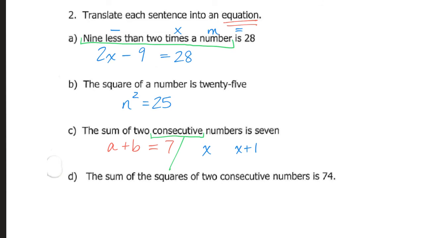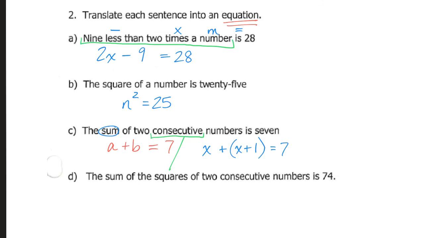There's my 2 consecutive numbers. Now, the question says the sum of it, so I'm going to add those together. We should be good that whether you put brackets around x plus 1 or not, doesn't matter, equals 7. You can see in that statement, x is one of the numbers, and x plus 1 is the other. It's x plus 1 because it's 1 bigger.